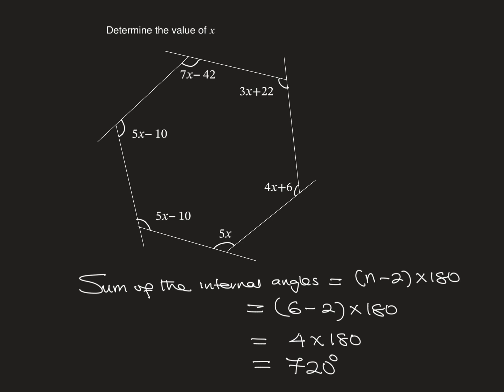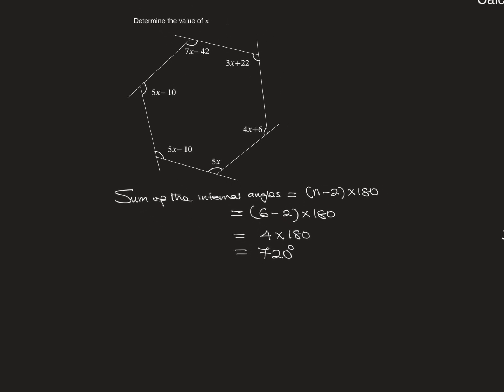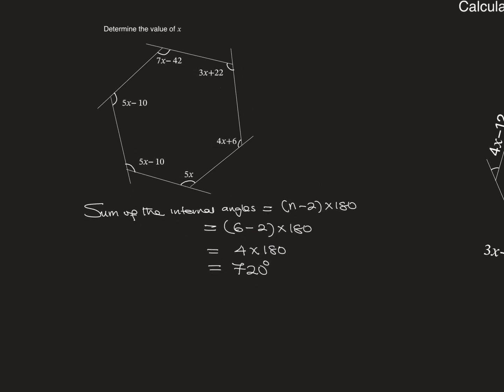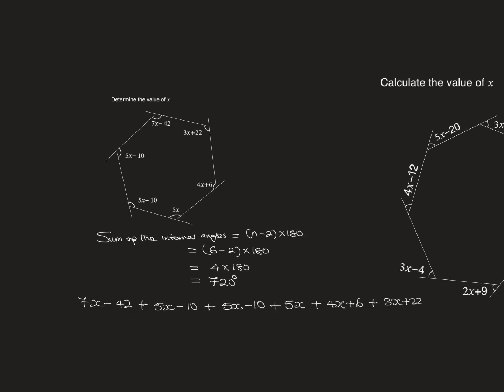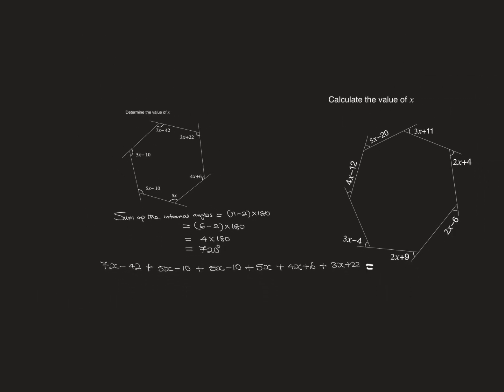So I can move on to establish an equation. Starting from the top, I can say 7x minus 42 plus 5x minus 10 plus 5x minus 10 plus 5x plus 4x plus 6 plus 3x plus 22. This is equal to 720 degrees.